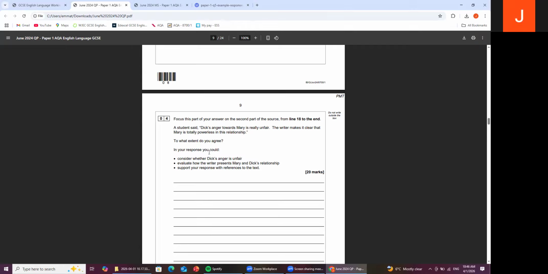So in your response, you could, which is our AQA code for you should, consider whether Dick's anger is unfair. Evaluate how the writer presents Mary and Dick's relationship and support your response with references to the text. Whatever form and structure you're using in your paragraph response, we're always making our point, using evidence, giving initial analysis, developing and giving deeper analysis.